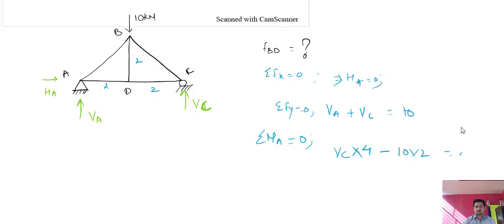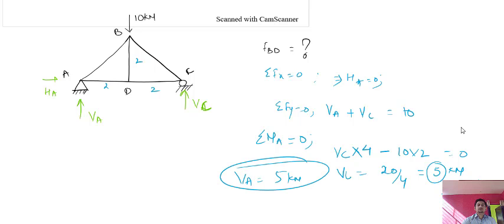This will give you the VC value equal to 20 divided by 4, that is 5. From here we will get VA equal to 5 kN.